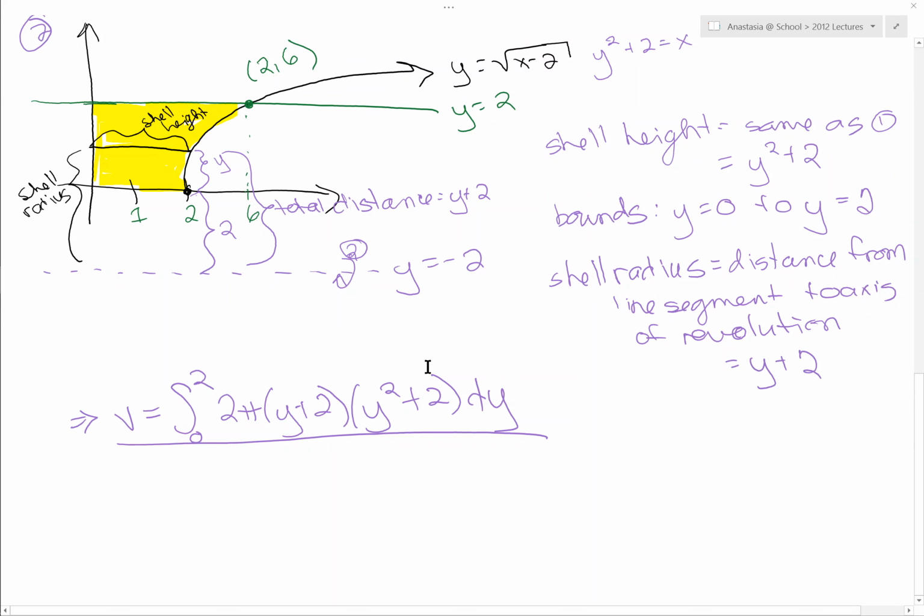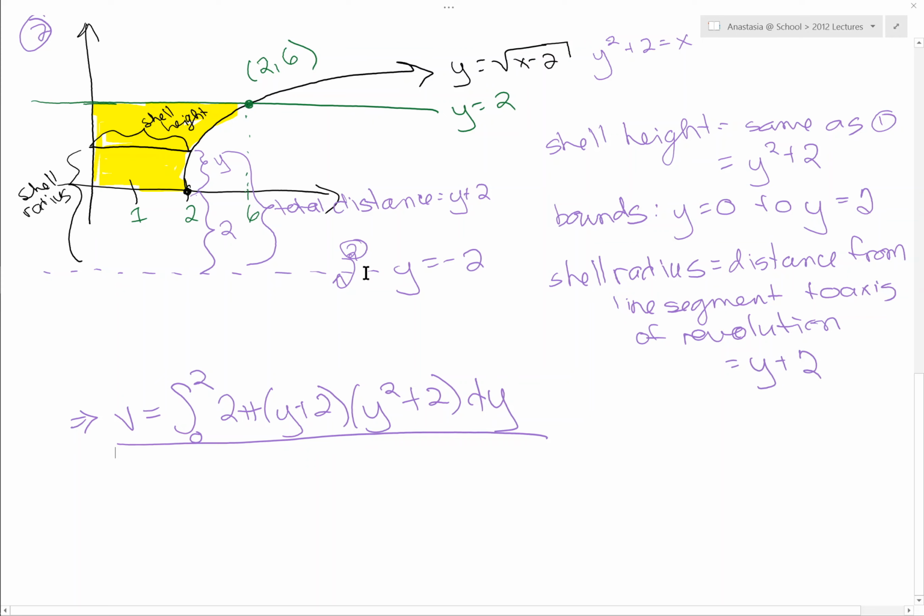Notice that when we changed our axis of revolution, the only thing that changed was our shell radius. Everything else is only dependent on the region that's being rotated for the bounds, or for the height, it really just has to do with, yes, the region, but also what direction we're talking about. Since we're still talking about the same direction that we had in part 1, then that's the same.